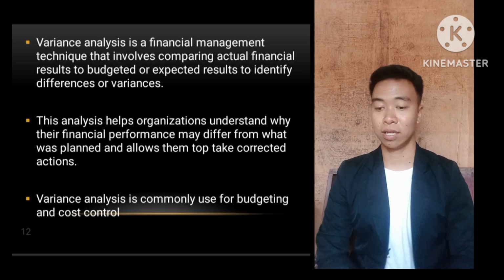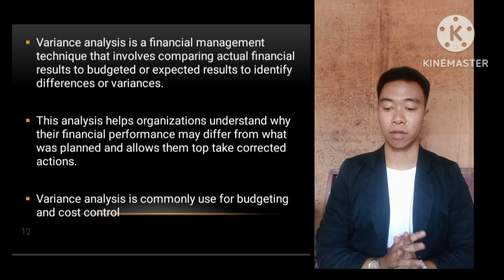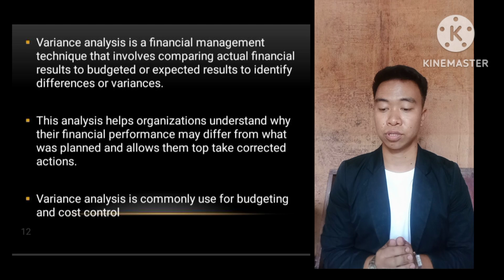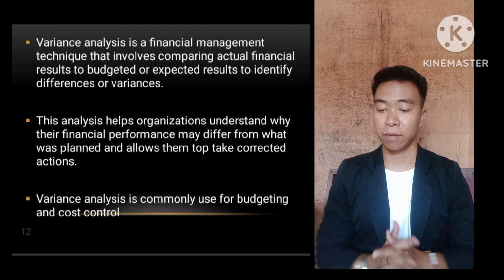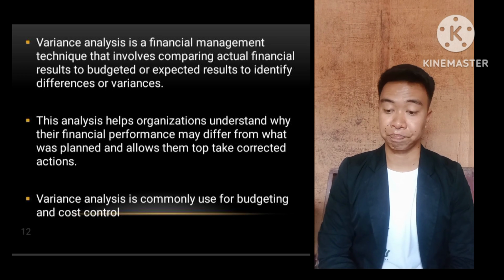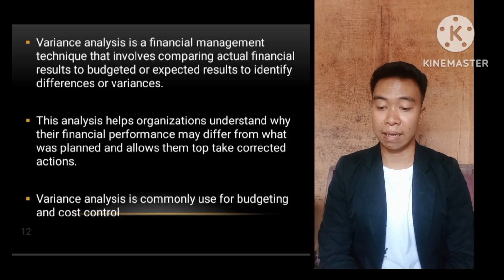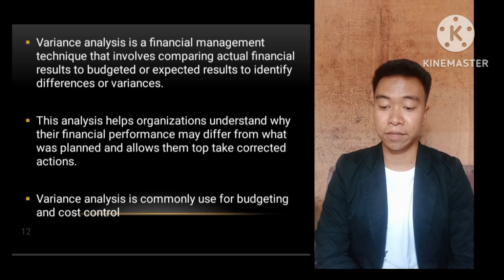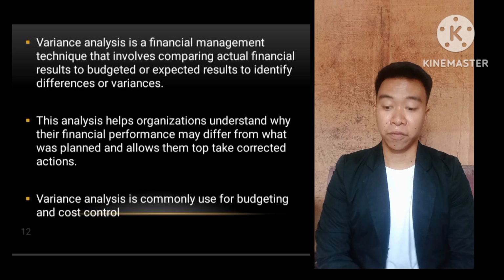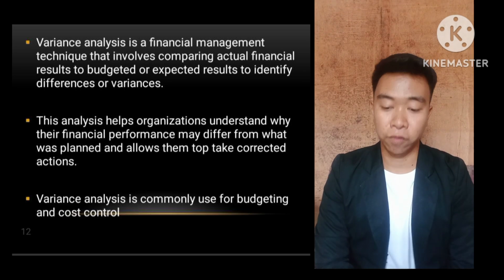So for example, if you planned your sales to be 50,000 and the actual sales was 35,000, the variance analysis will show the difference of 15,000 minus, which is unfavorable.